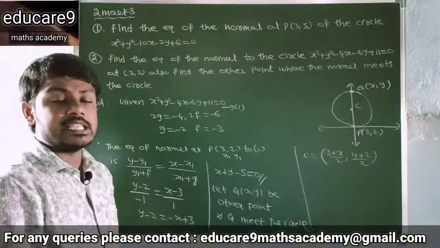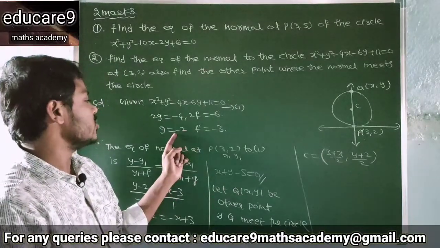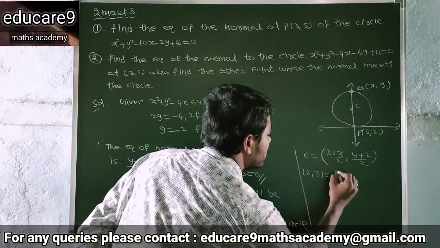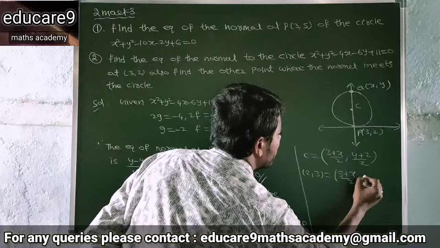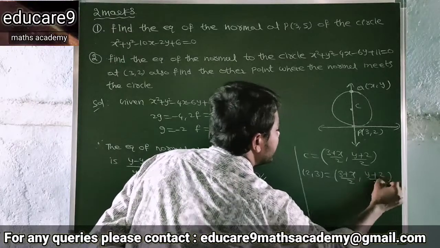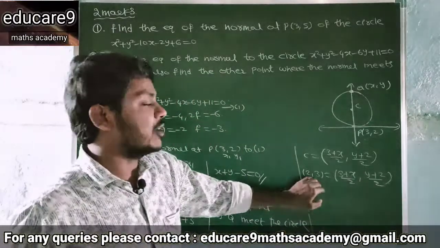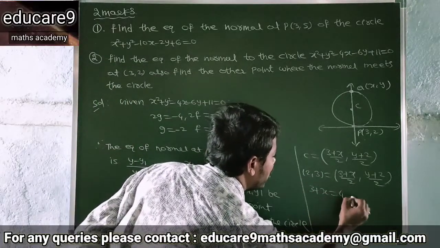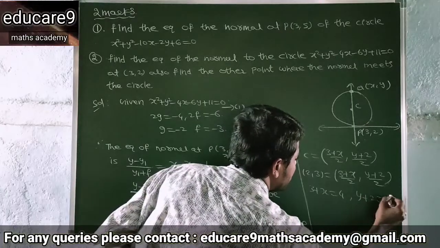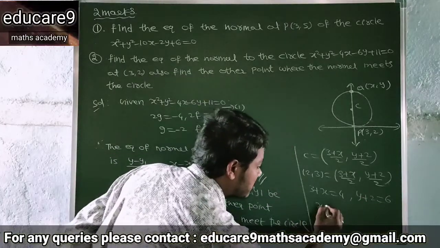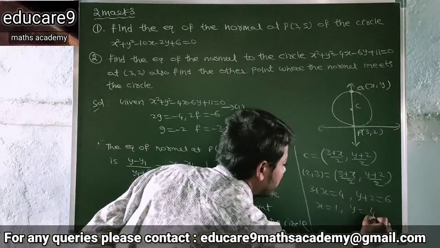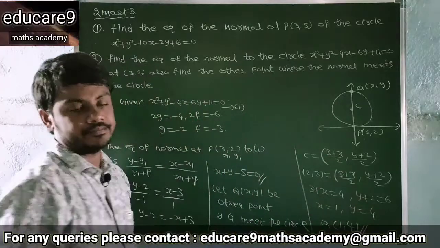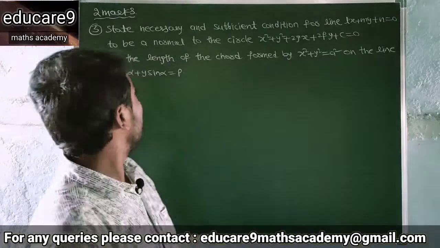What is C? It is the center of the circle, center is (2, 3). So (2, 3) is equal to ((3 plus x) by 2, (y plus 2) by 2). Now equating the x and y coordinates, what you get? 3 plus x is equal to 4, y plus 2 is equal to 6. So x is equal to 1, y is equal to 4. Therefore the other point is (1, 4).